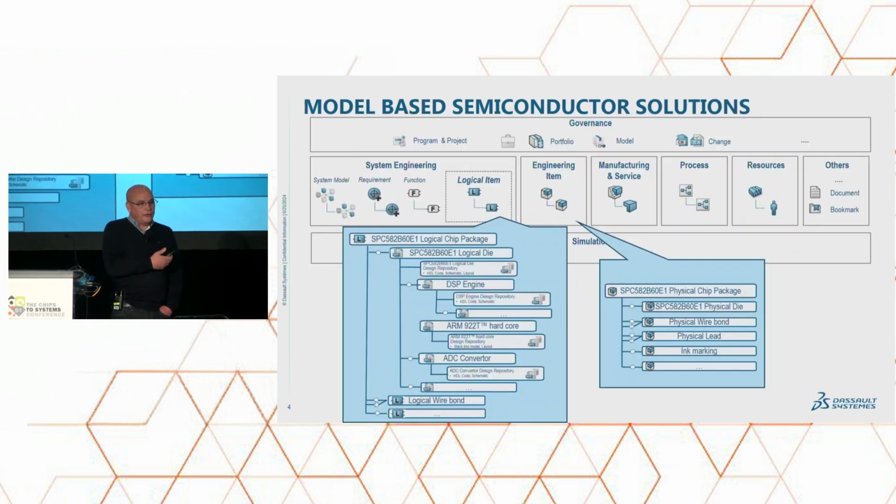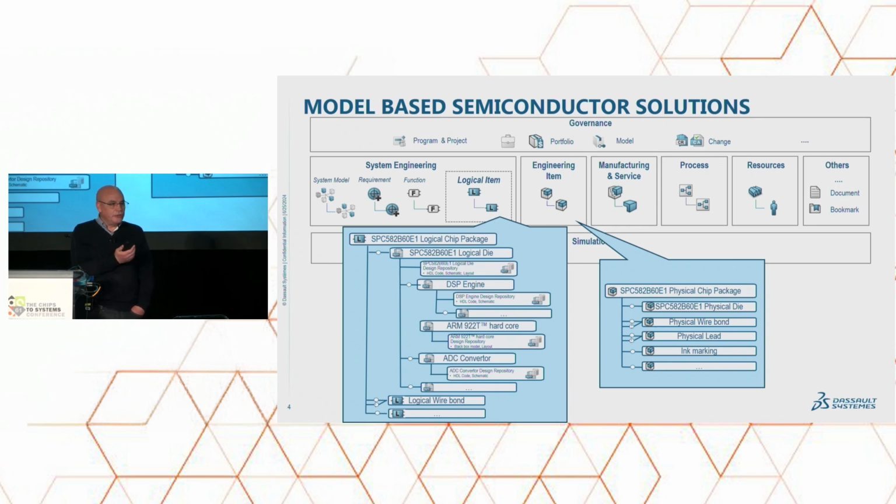So another aspect of a virtual twin is that you do model, but you do also simulate. And by having that modeling and simulation loop, you make things get done quicker, faster, better.